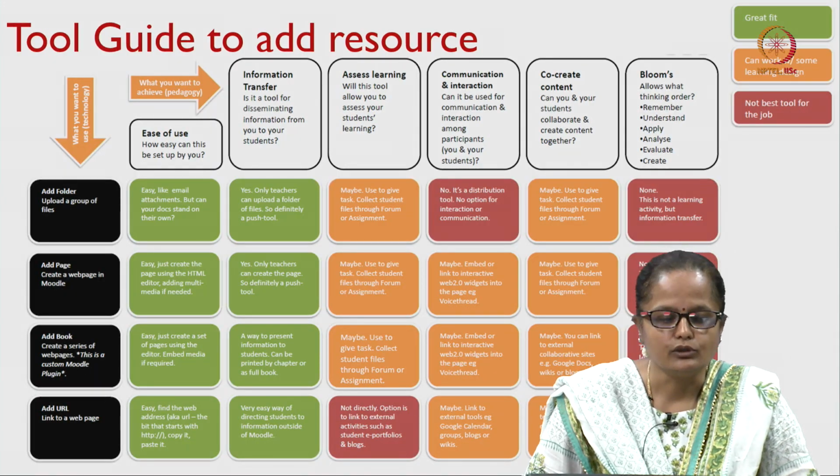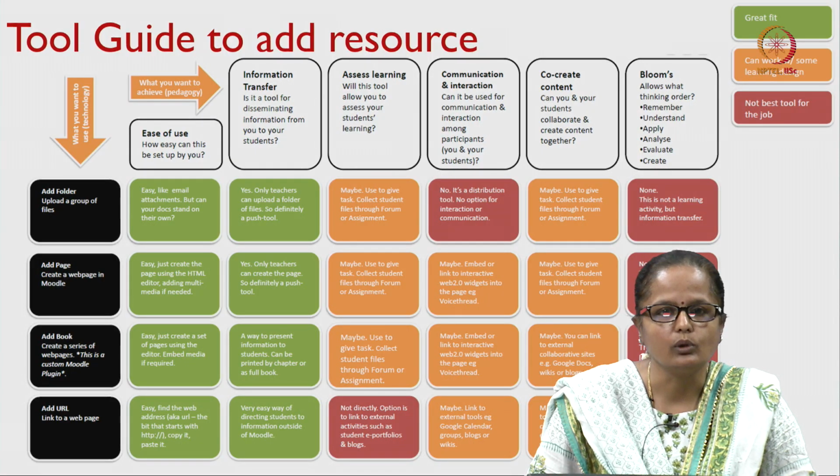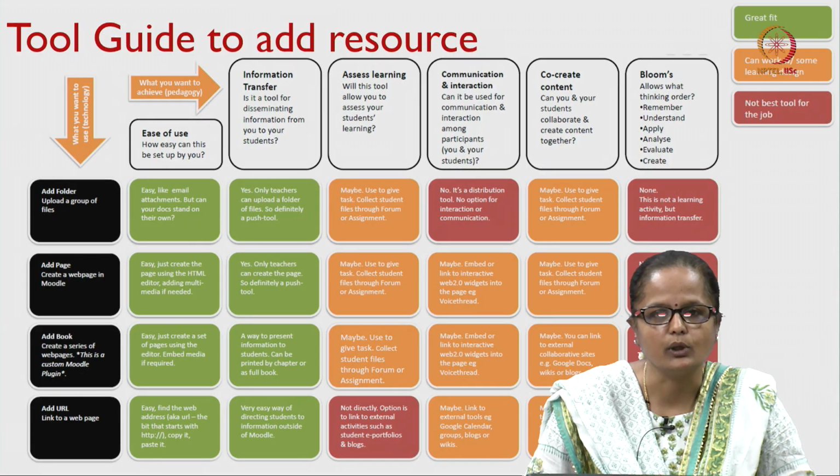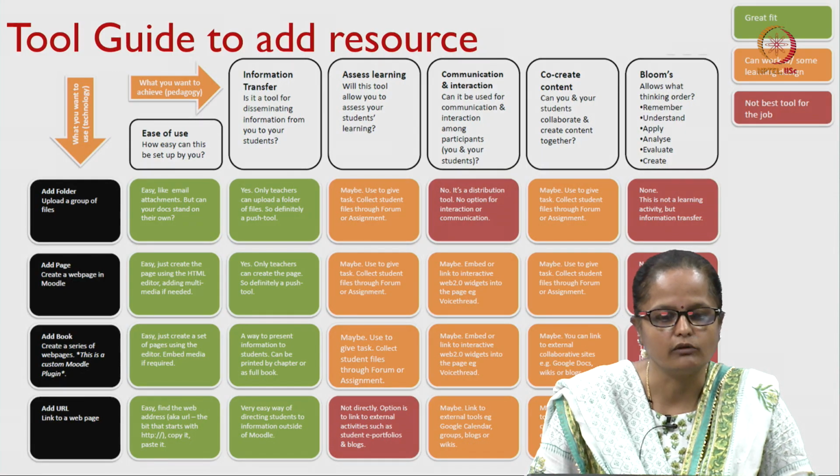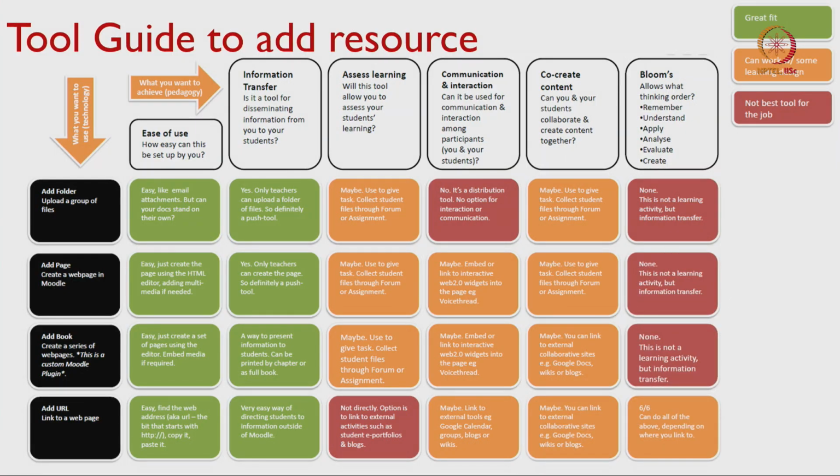When you are a new user to Moodle, this kind of tool guide will help to add any feature into our Moodle course. Now, we are interested in adding folder or page or book or URL.